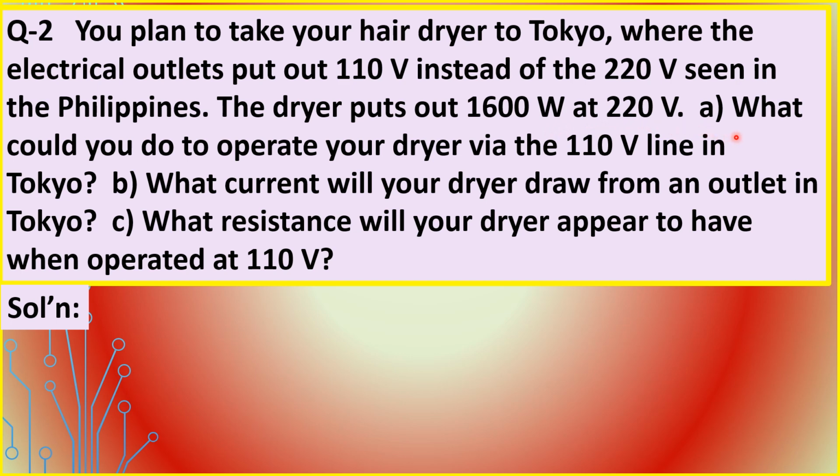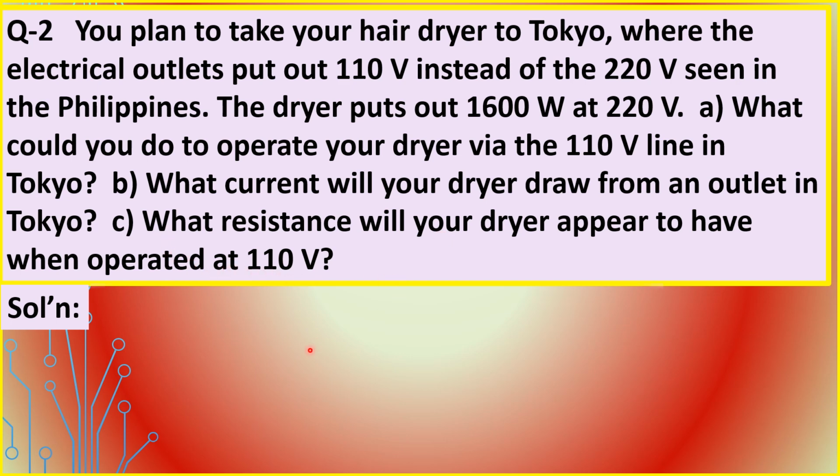Question letter A. What could you do to operate your dryer via the 110 volt line in Tokyo? Question letter B. What current will your dryer draw from an outlet in Tokyo? Question letter C. What resistance will your dryer appear to have when operated at 110 volts?